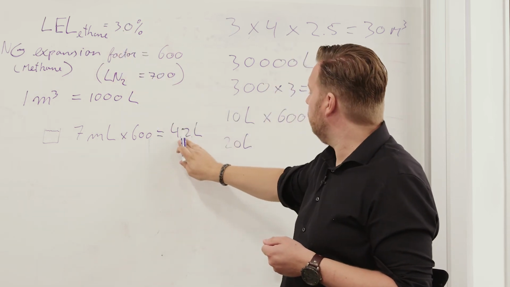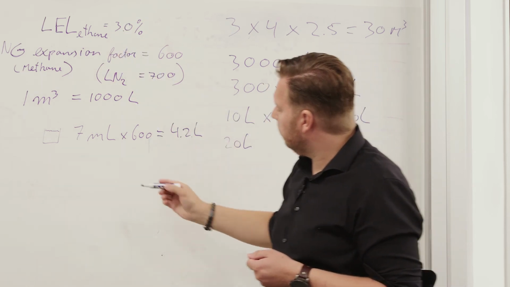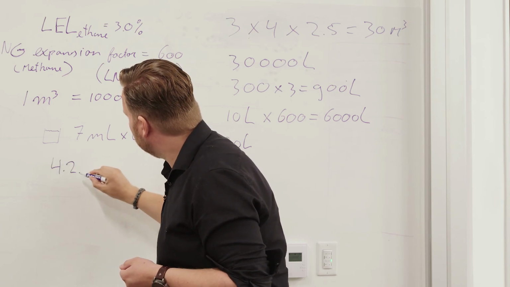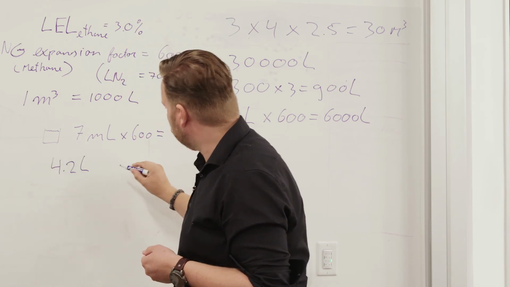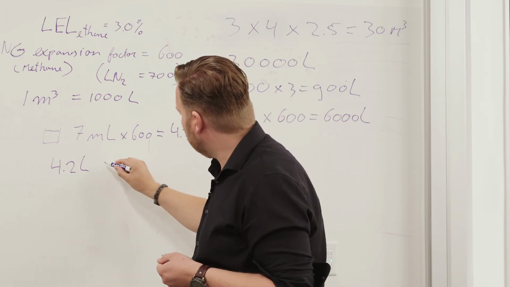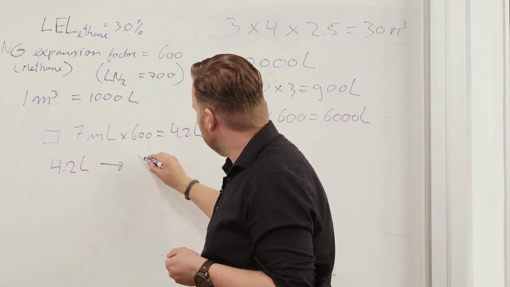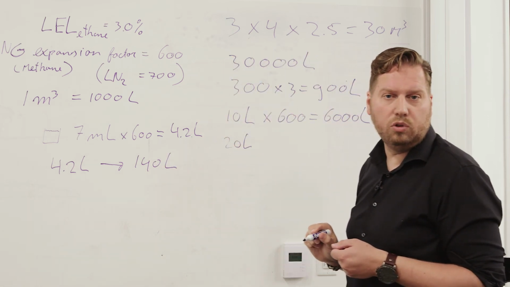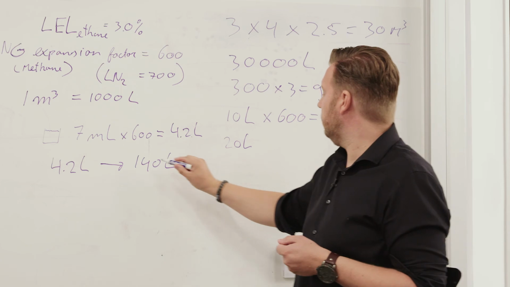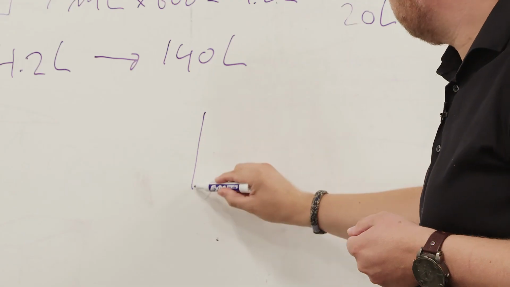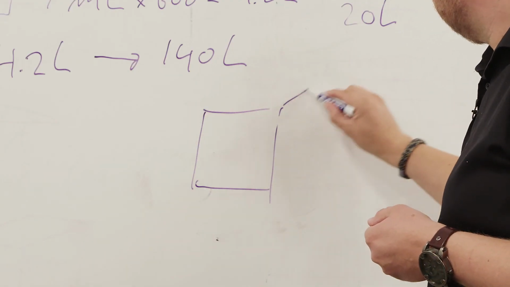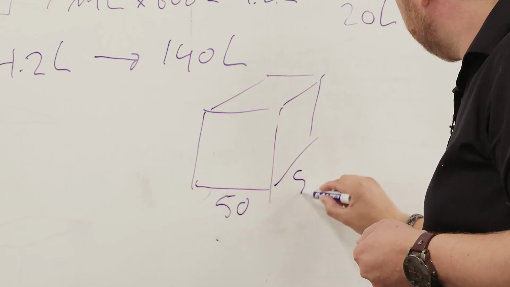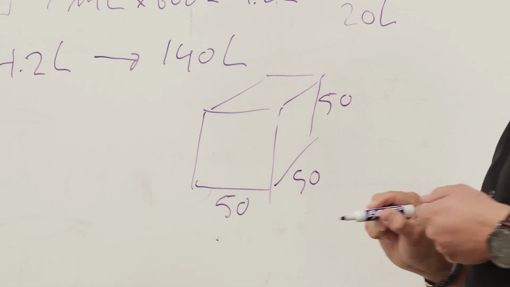So this 4.2 liters would be 3%. So if 4.2 liters equals 3%, then 100% equals 140 liters of volume. 140 liters of volume is a box of roughly 50 by 50 by 50 centimeters.